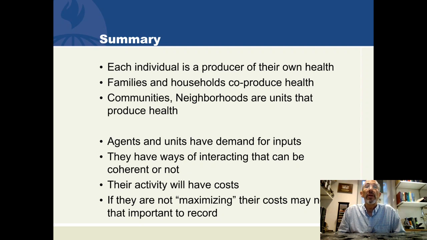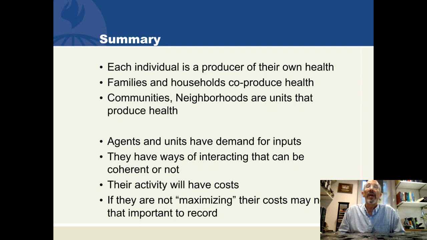And on a somewhat larger scale, whole communities and neighborhoods are units that produce health by the way they treat their neighborhood. Diseases can be determined by how fast we speed in our cars and whether we wear masks and walk around with social distancing. Because of the machinery of the theory of the firm, these agents and units will have a demand for inputs into the health production function.